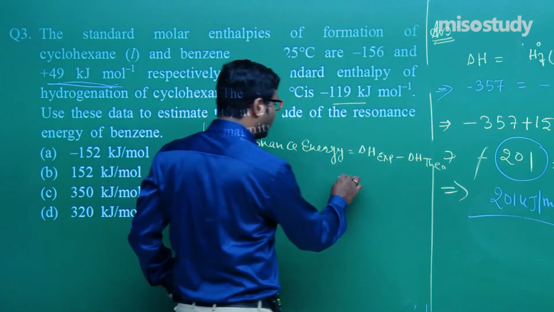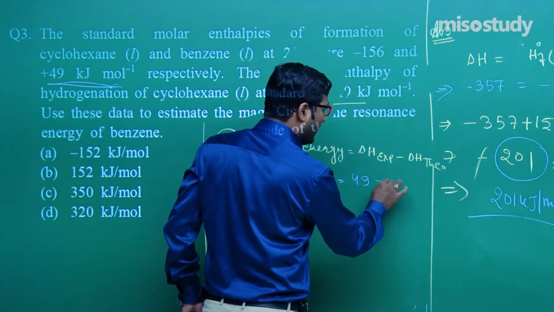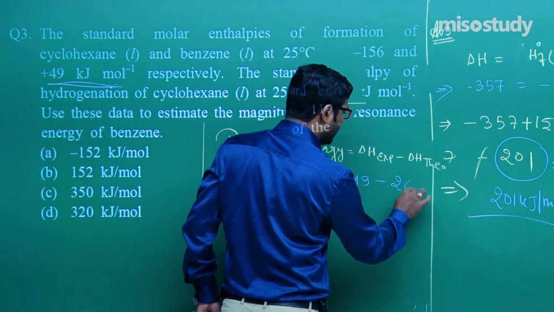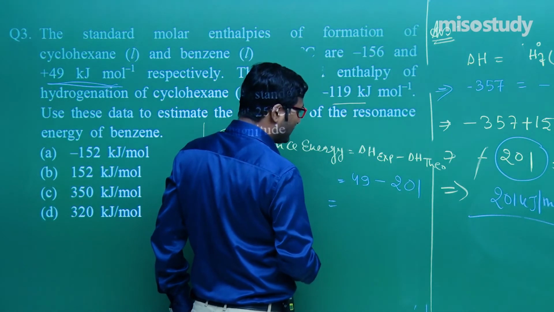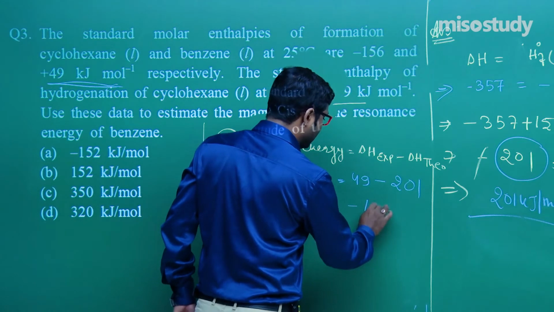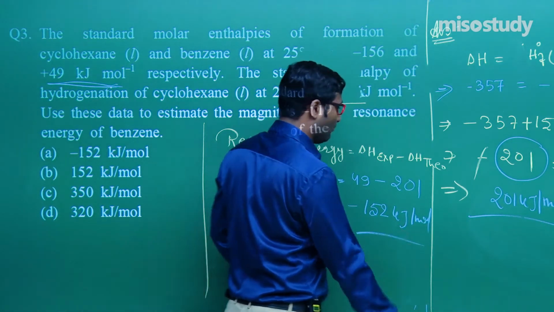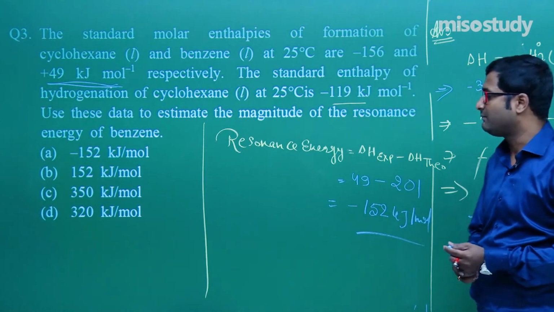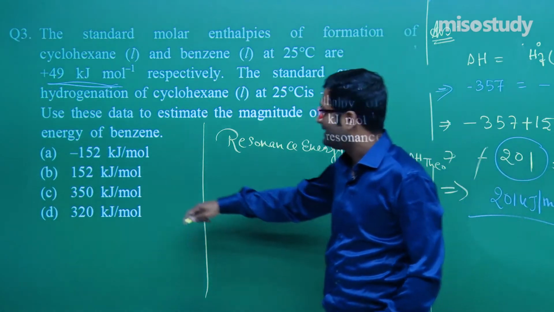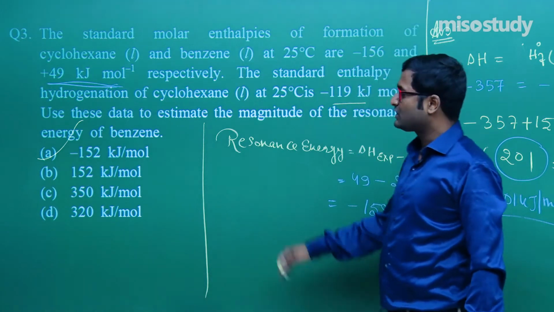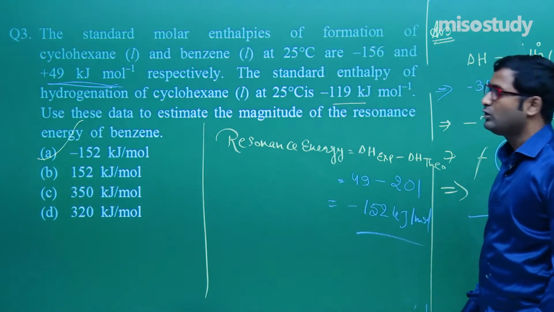What is the experimental value given? 49. And what is the theoretical value? 201. After solving, it will give 152 kilojoule per mole. Tell me whether it is plus or minus. Sir, the answer is minus 152 kilojoule per mole.